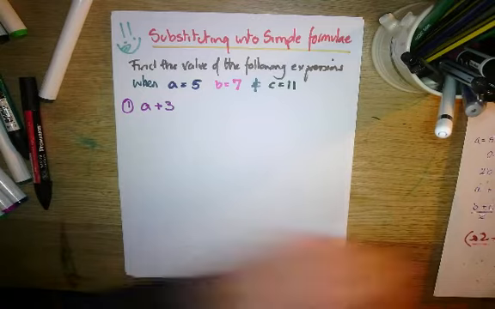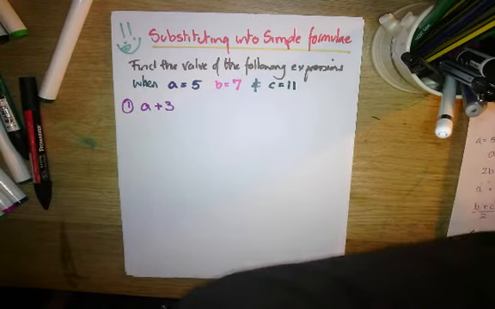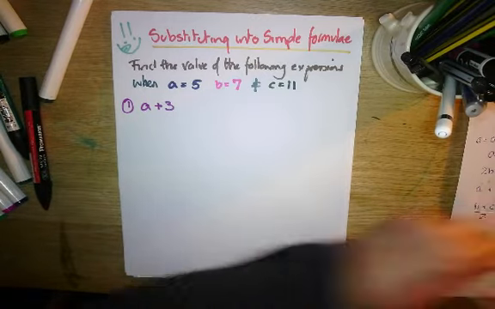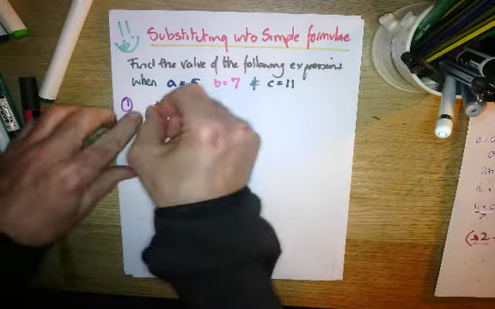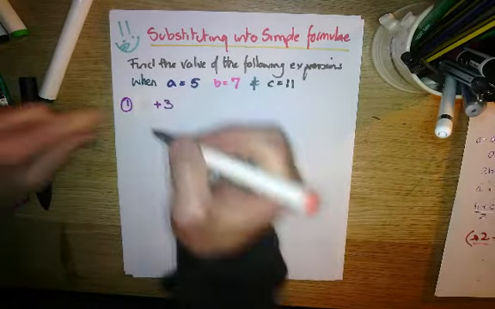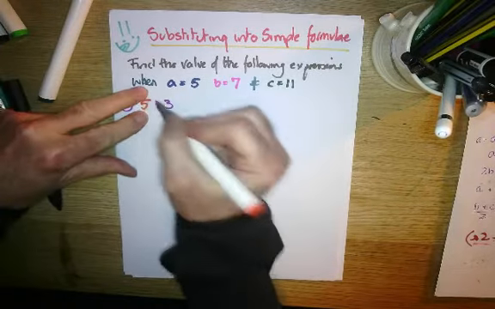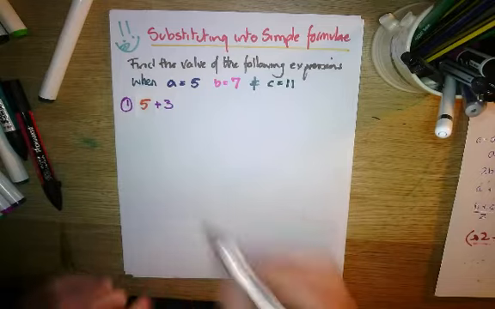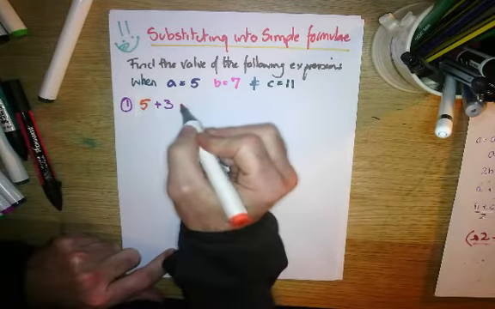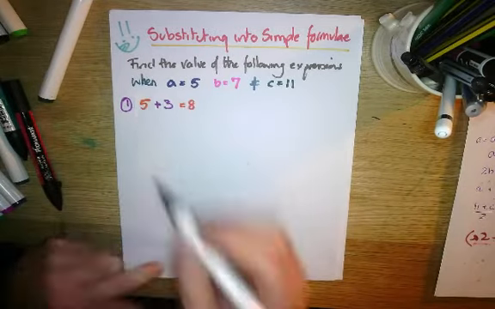It's kind of like if I were to cover over that A like this and instead put in that 5. And then you can see what happens. 5 plus 3 is 8 because I've substituted it in.